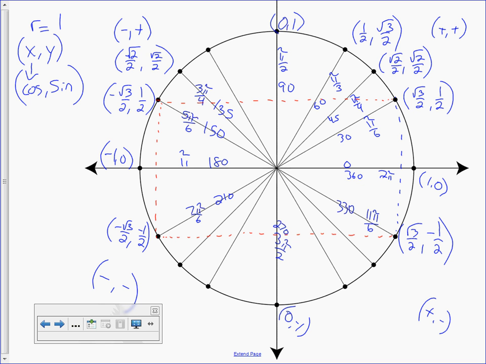I mirror that downward to 5 pi over 4, which is at 225, negative root 2 over 2, comma, negative root 2 over 2. Go across. No, 7 pi over 4, thank you. 7 pi over 4, otherwise known as 315. Now we're at root 2 over 2, comma, negative root 2 over 2.